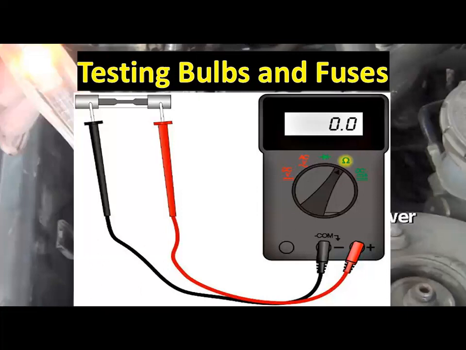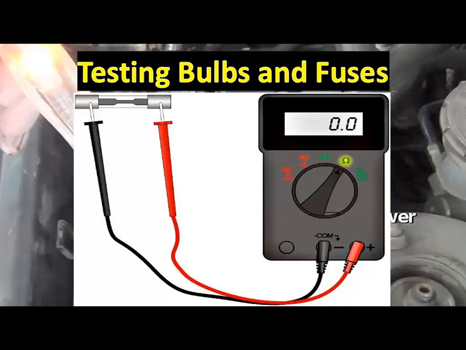Fuses and circuit breakers may be tested using the same procedures, and the test results are also the same. Many technicians find that using a test light is a very efficient way to test fuses quickly. By checking for power on both sides of the fuse, they know that the fuse conducts electricity and is in good condition. Never connect the ohmmeter to a circuit with voltage supplied to the circuit.